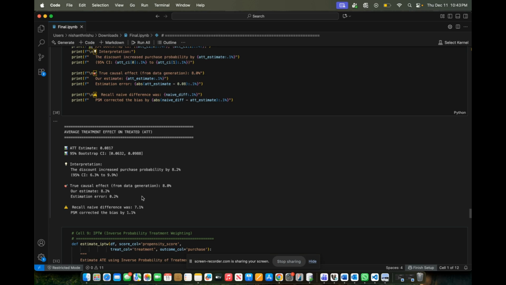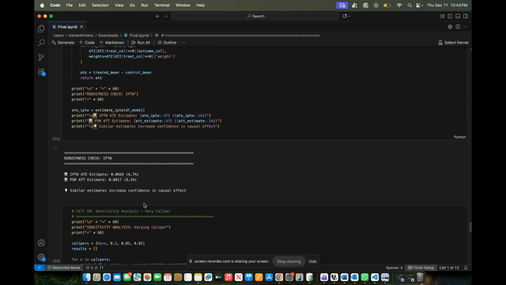We also compute a bootstrap confidence interval, which shows statistical reliability. Most importantly, the true effect we built into the synthetic data was around 8.2%, and our estimate is nearly identical. This confirms PSM successfully removed the confounding bias.